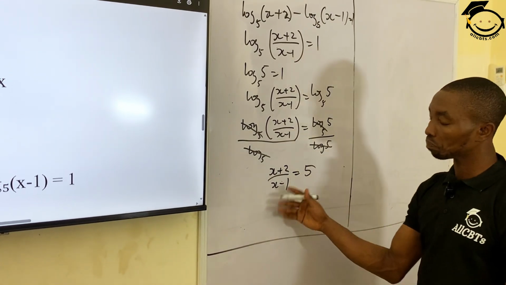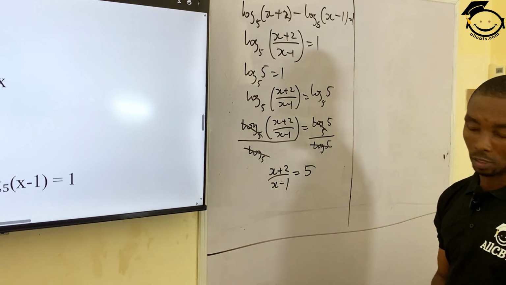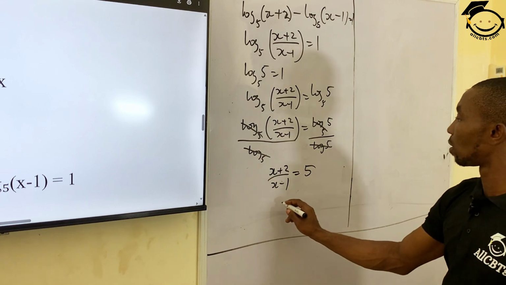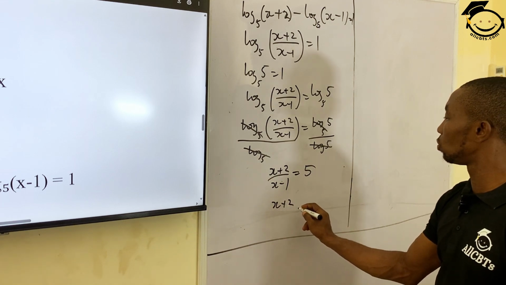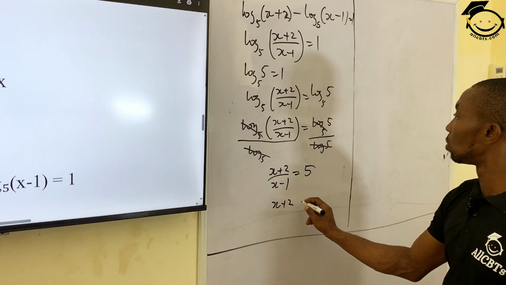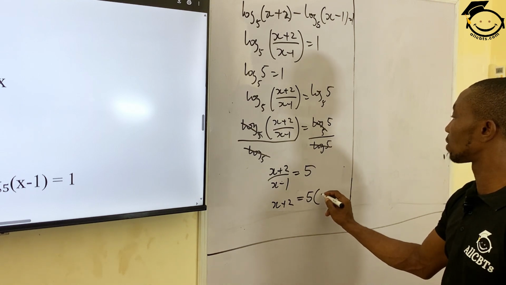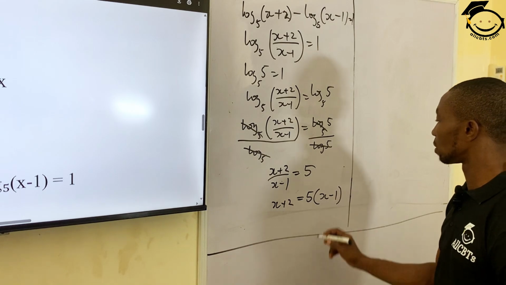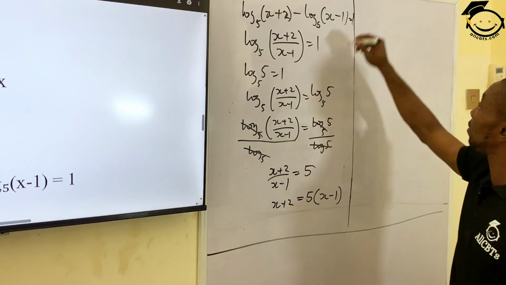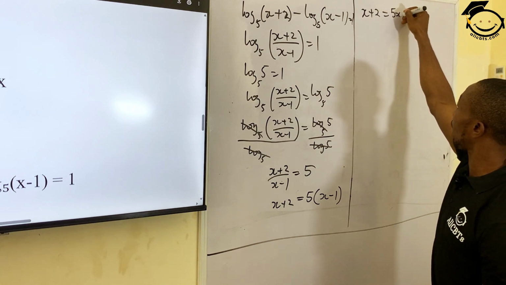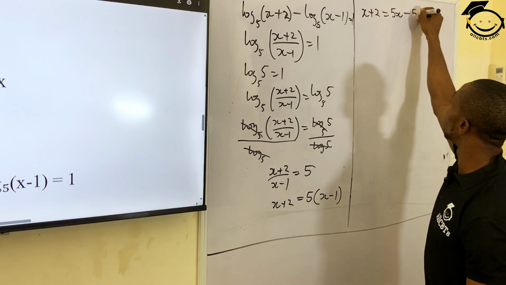Now, if we expand this, x plus 2 equals 5 brackets x minus 1. Expanding this, we have x plus 2 equals 5x minus 5.